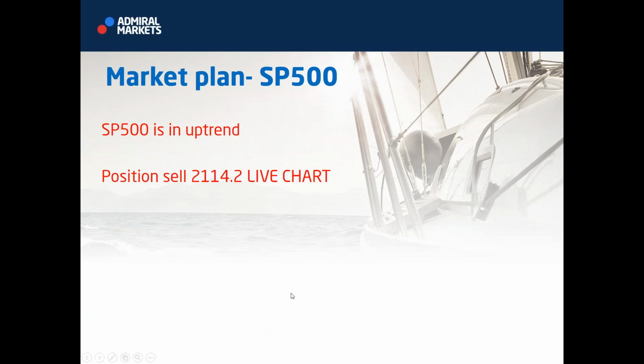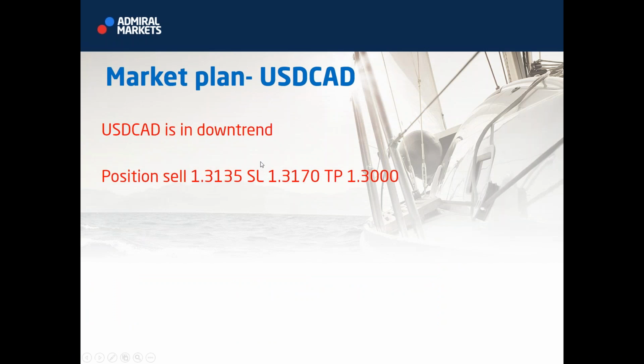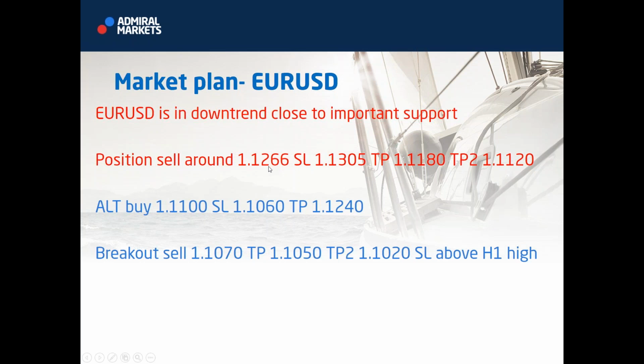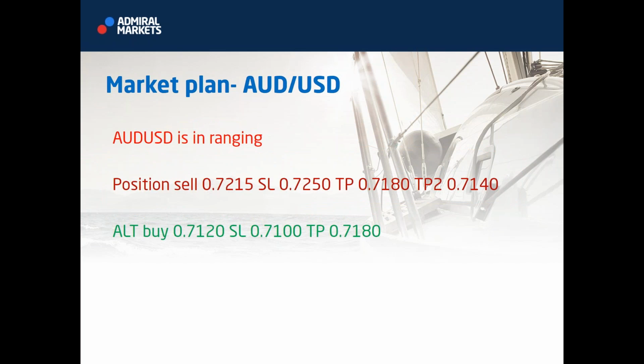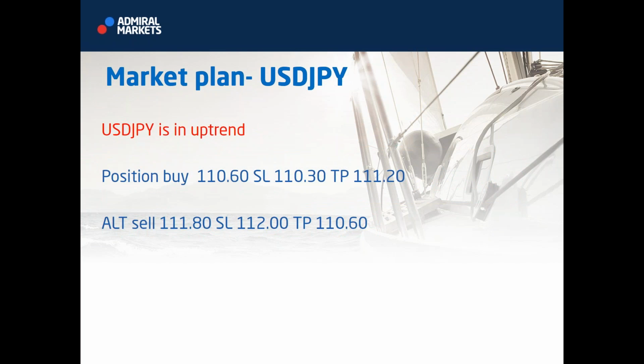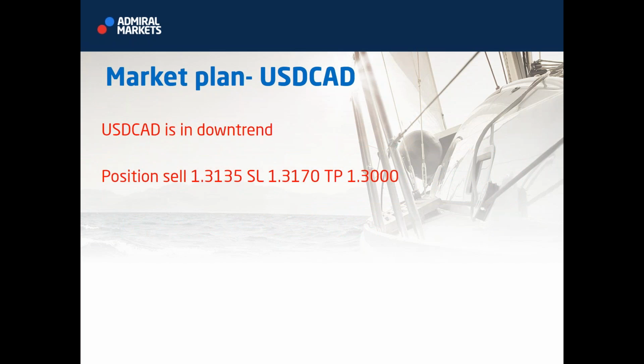Now we have time for slides, guys. Pay attention to this. And I'm looking to go long on euro dollar. Yeah, indeed. So here is the setup for euro dollar, pound dollar, Australian dollar, dollar yen, and dollar CAD.